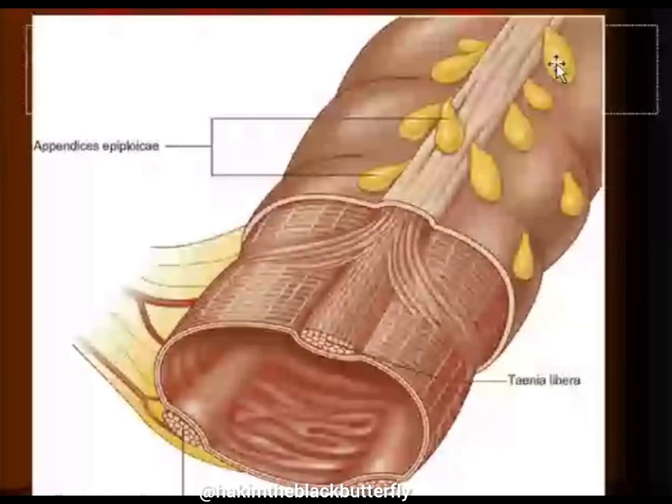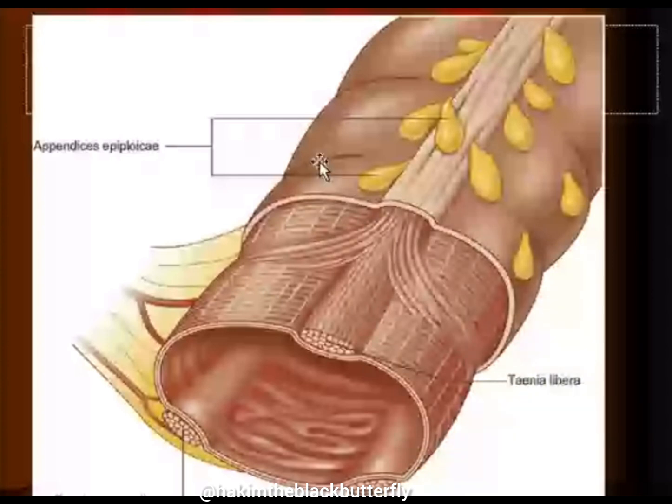Now, they may ask a question to distinguish between the large intestines and the small intestines. You have the large intestines with a large lumen, the small intestines have a small lumen. Taeniae coli are present in the large intestines, they are absent in the small. We have appendices epiploicae. These are the fatty tags. We do not have them along the small intestines.